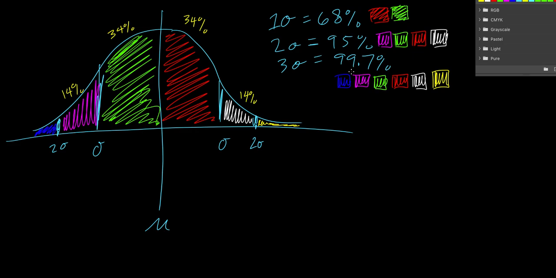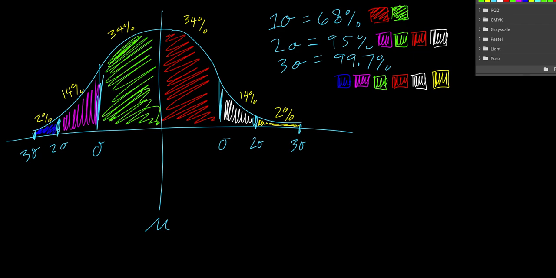So there's still a little bit that's not accounted for once we go to 3 standard deviations, but most of it is accounted for. And so the specific on that is going to be about 2%, and then there's a little bit left over. Okay, these are rounded, so it might not add up exactly to what we want it. However, that's how it works, and we're going to use that idea as we go forward.